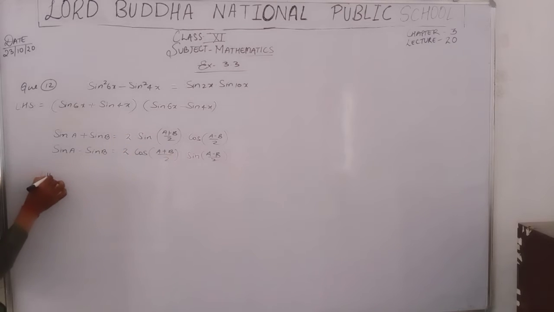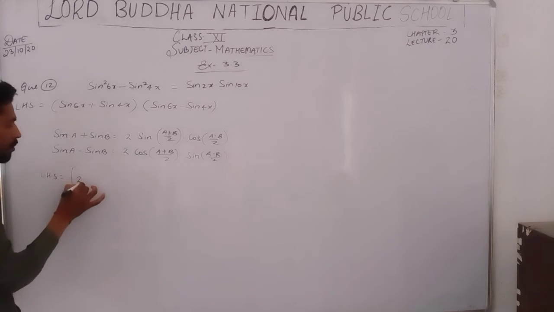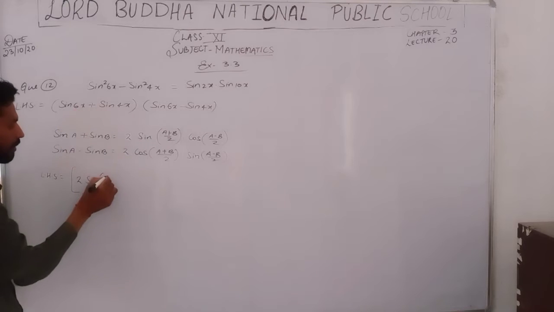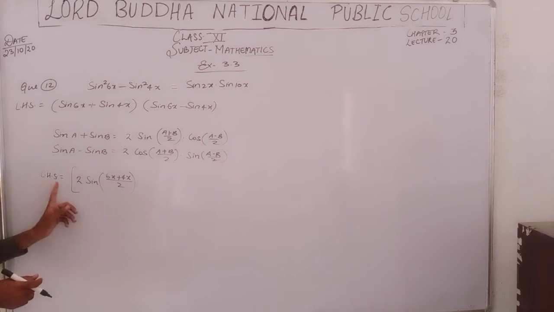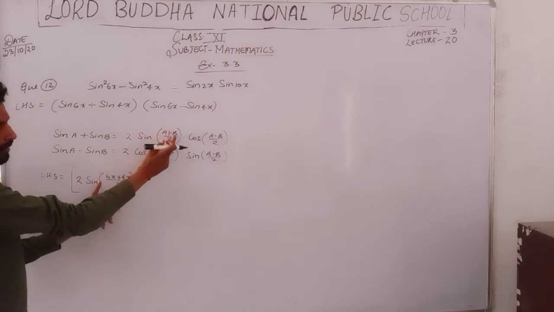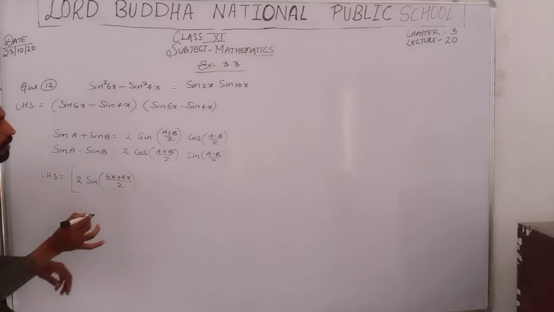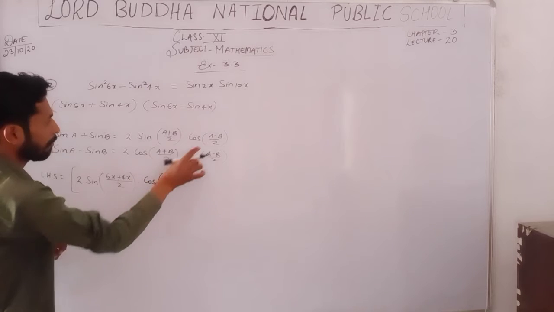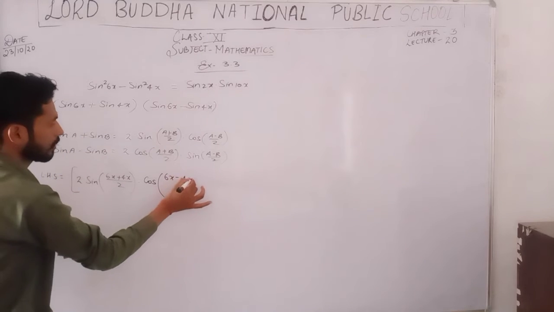So left hand side equals 2 sin (A plus B) divided by 2, that is 6x plus 4x divided by 2, into cos (A minus B) divided by 2, that is 6x minus 4x divided by 2.